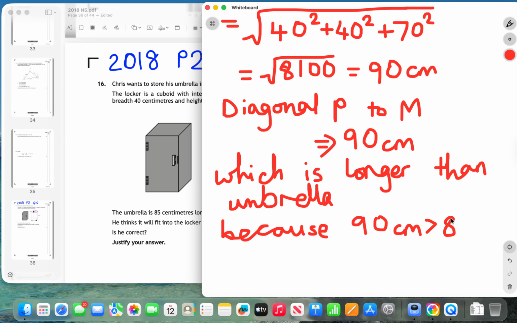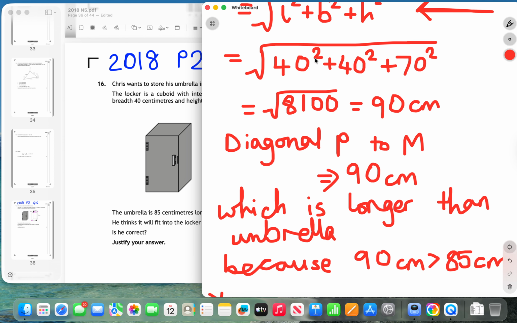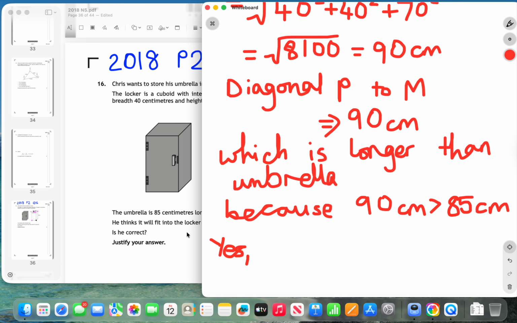You want to explicitly state the comparison, so say 90 is greater than 85 centimetres, so we say that yes, it fits, and we've given the explanation, we've given the working, and we then answer the question, yes, it will fit. That's us done.